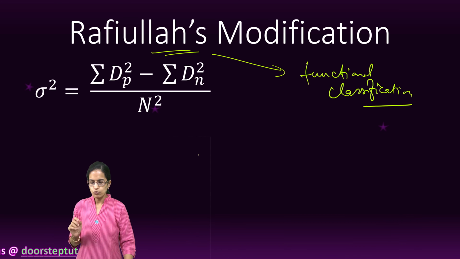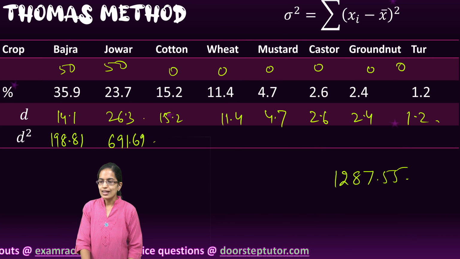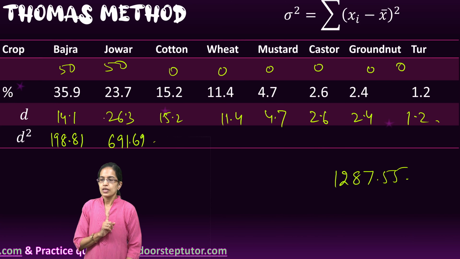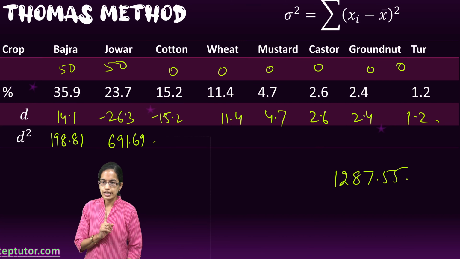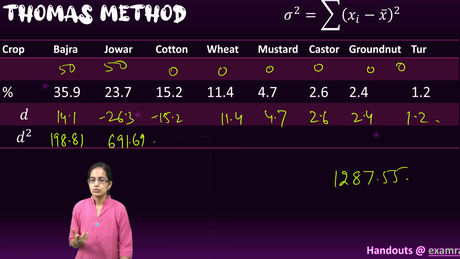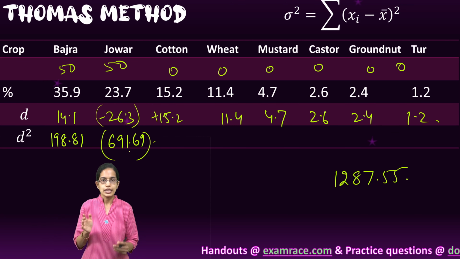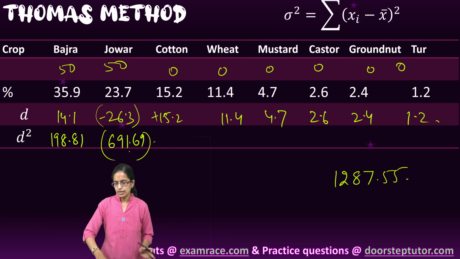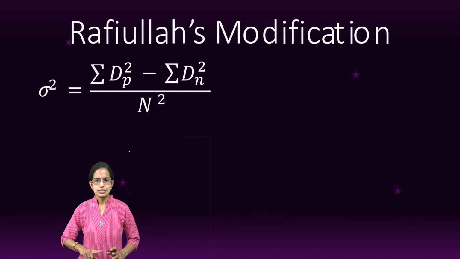So what he did was, same as in the previous example, the differences were taken. Some of the differences were negative values, the other differences were positive values. When the difference was negative, the squares of those negative differences were taken separately, and the squares of the positive differences were taken separately.